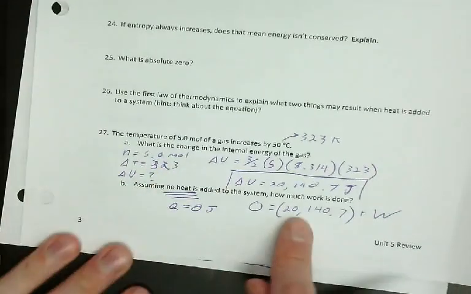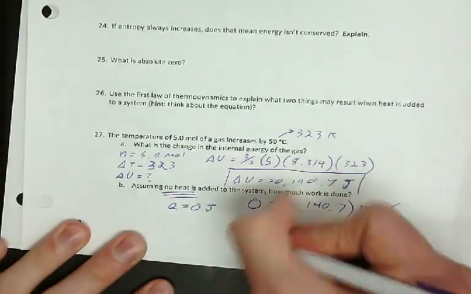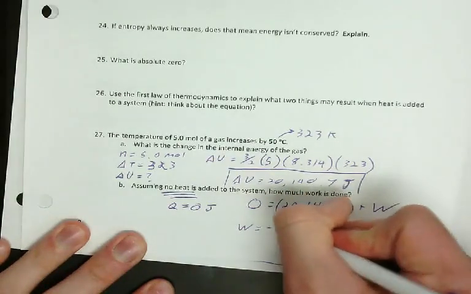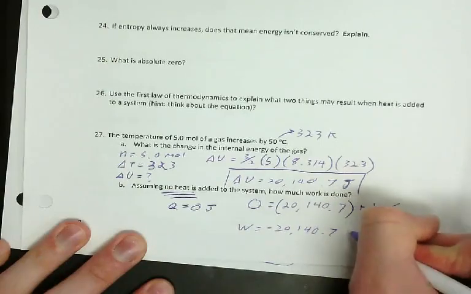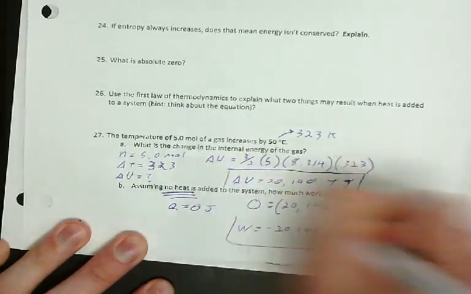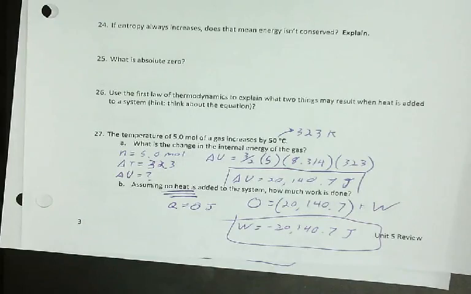So I subtract the 20,140.7 over, so I get work equals negative 20,140.7 joules. So let's make sure this makes sense. First of all, does it make sense that I got that big of a number?